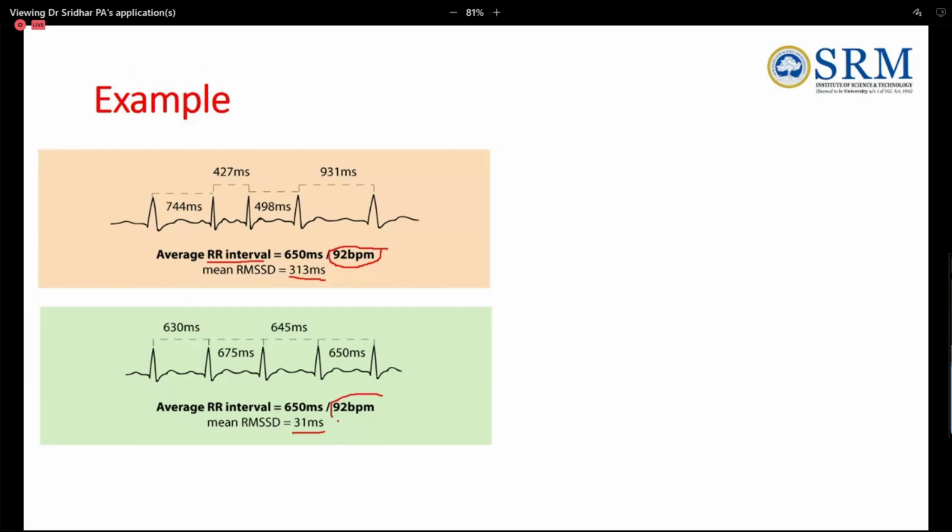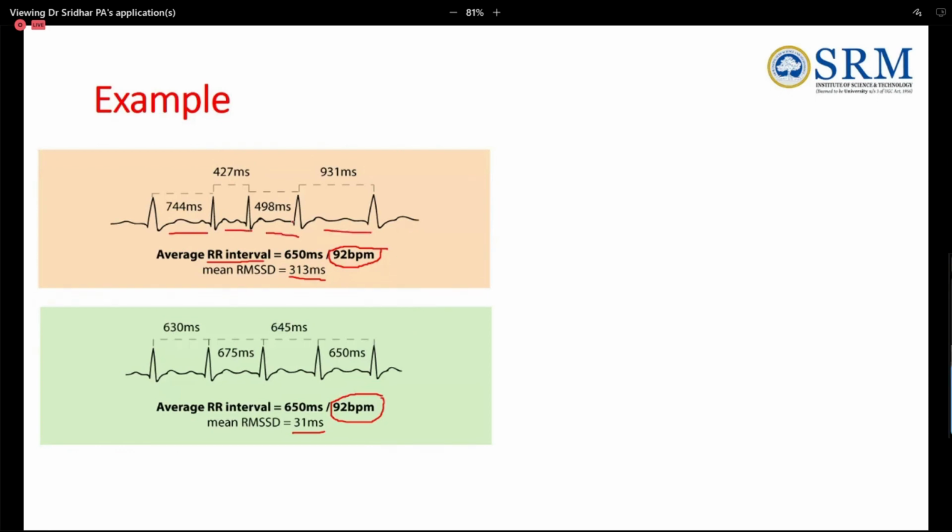When I record, it is not necessarily the case that a healthy person, or a person with symptoms, or a patient, will have a different heartbeat rate. They might have a similar heartbeat rate of 92 beats per minute, but the interval between beats may be different if there is any symptom.